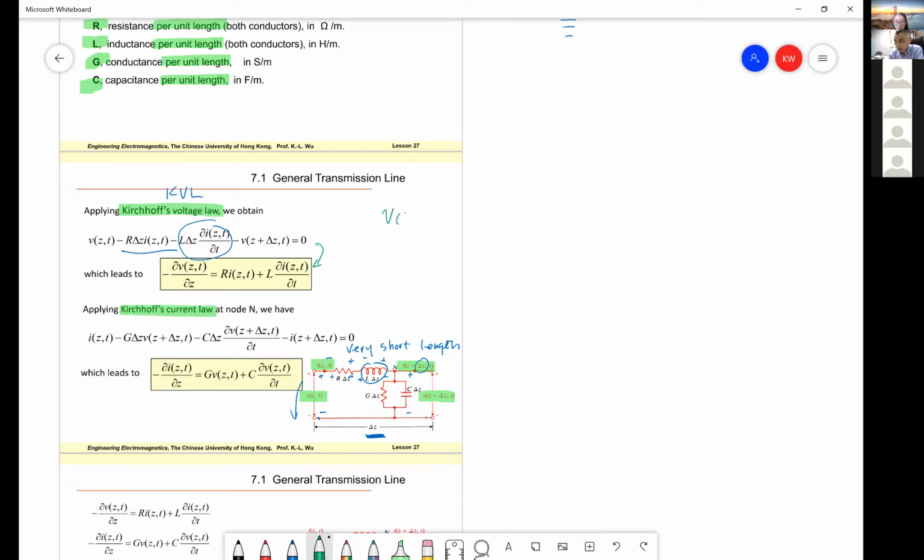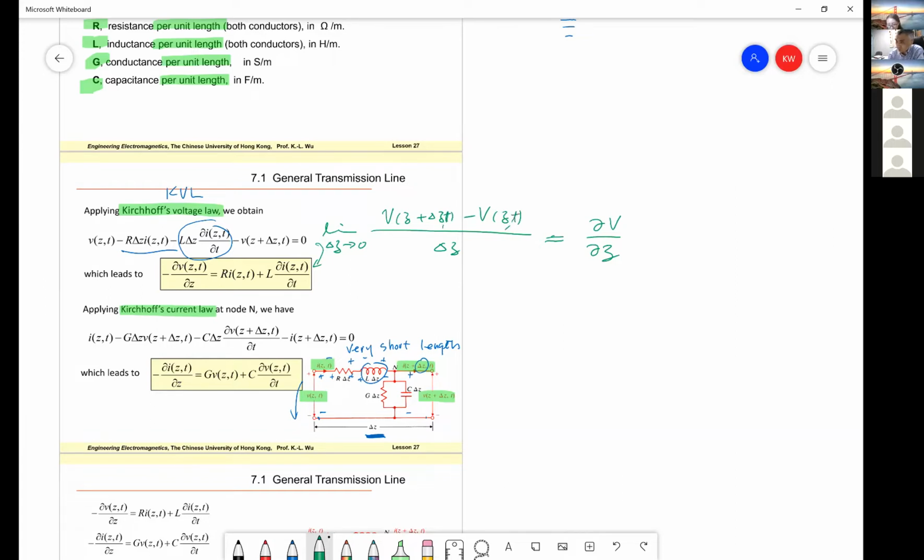I take the limit. I use a partial derivative because this has multiple variables. This is also a function of time, right?